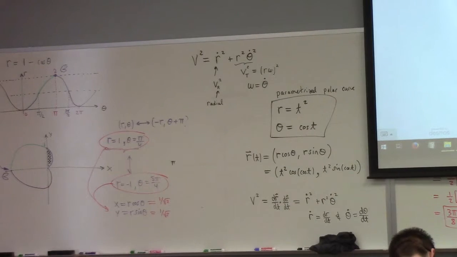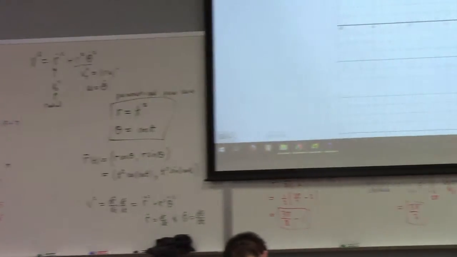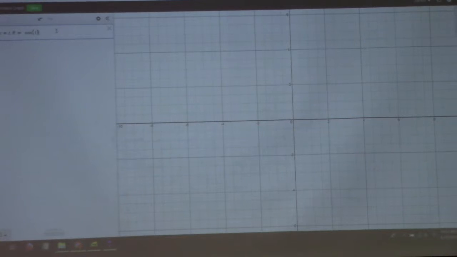Let's see if this will do it. If I say r equals t, theta equals cosine t, will it play along? Points are written, okay, great. I'm not sure what's the laziest way to do it with Desmos, but here's how I'll do it.